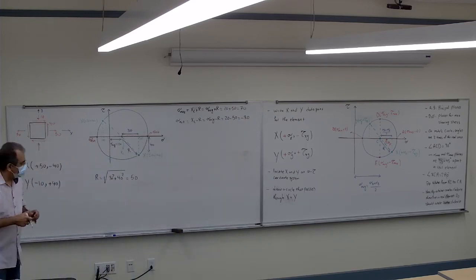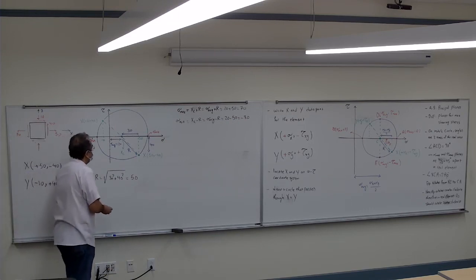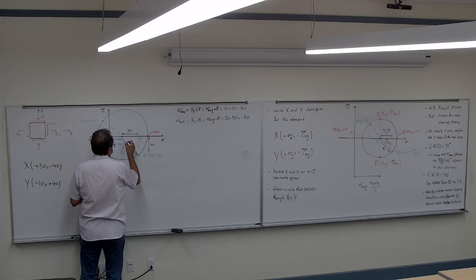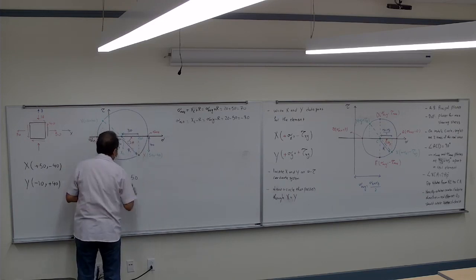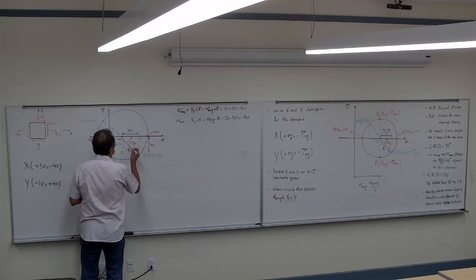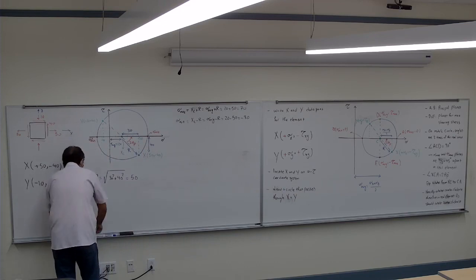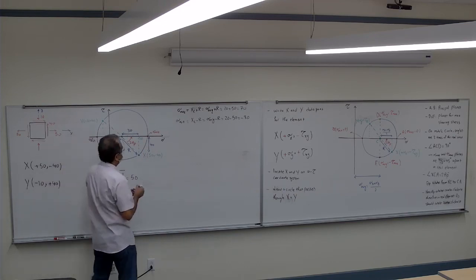Now, the 2 theta p, where's the 2 theta p? From the x to sigma max, correct? So it's going to be 2 theta p.